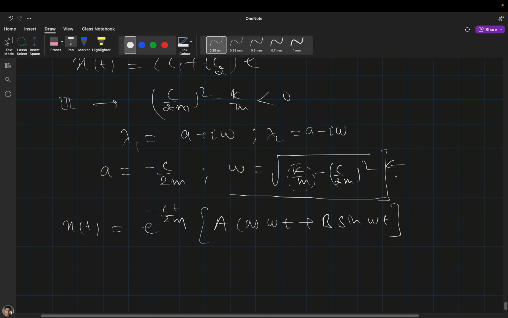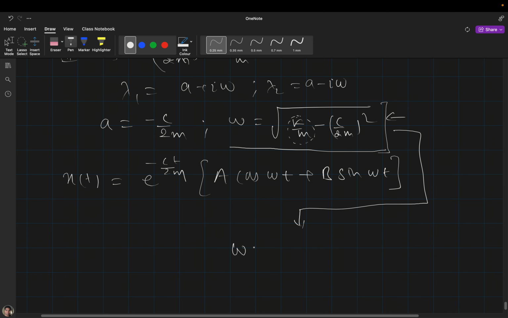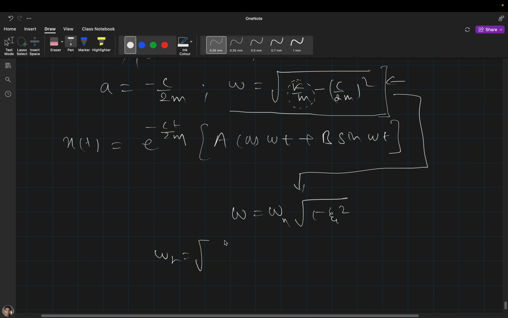I can also write another form. If you study vibration, you can also write this kind of form. This is the natural frequency, and what is omega n? Omega n is nothing but the square root of k by m. And what is zeta?